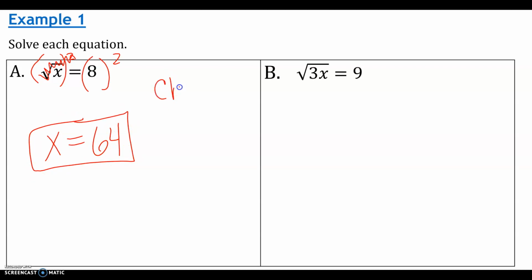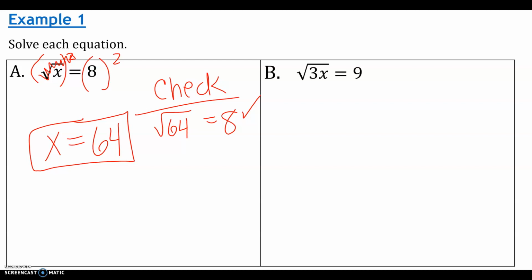Now to check yourself, these are also easy to check. If you were to plug in radical of 64, it better equal 8. And it does. Now this one, in letter B, you have a 3 underneath the radical, but you also have an x. So the 3x acts as one quantity.